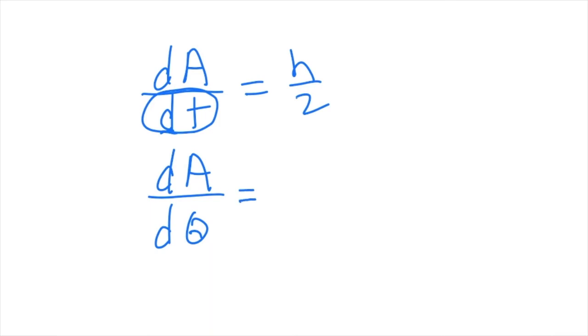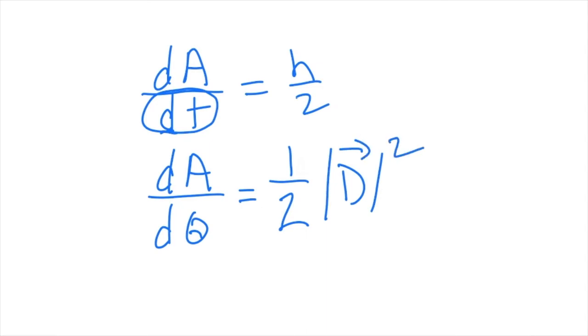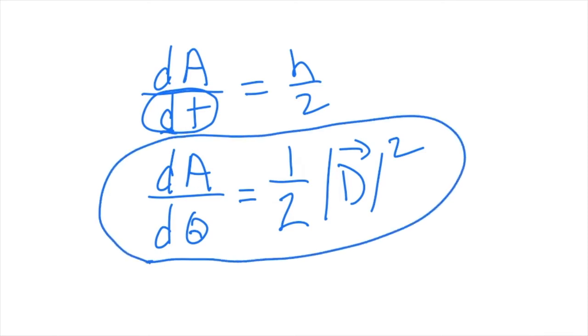And he found that it is not a constant, but is always equal to 1/2 the distance of the planet from the sun squared. Now, his approach to finding this relationship was a little different than the one I'm going to use, but they're closely related and the results are essentially the same.